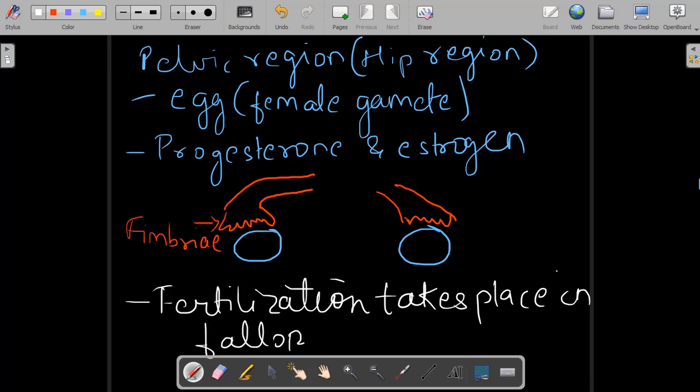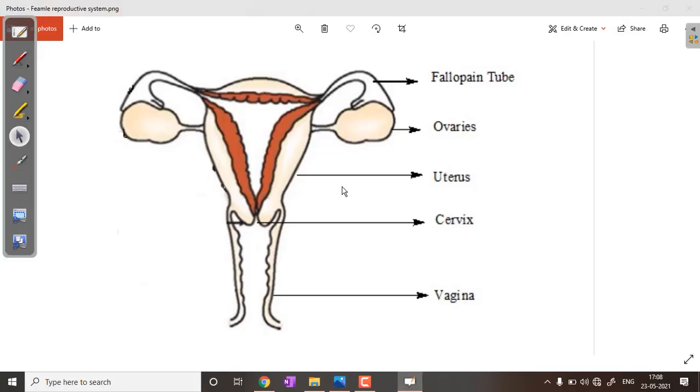So the sperm from the vagina will go upwards and reach the fallopian tube. If the egg is there in the fallopian tube, it will fuse with the egg and then the zygote will be formed.